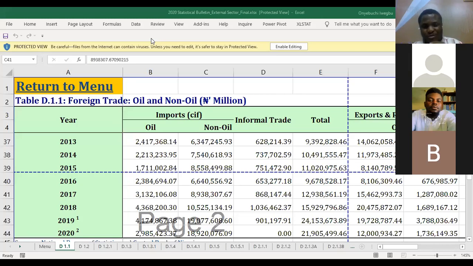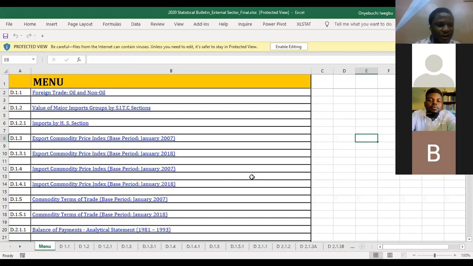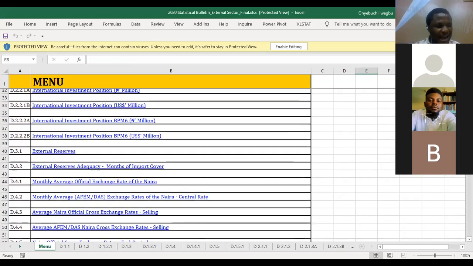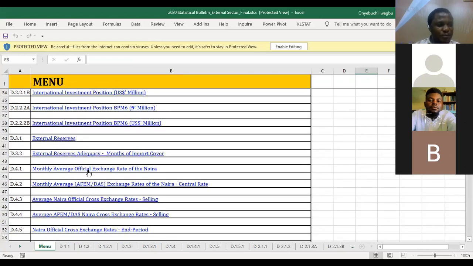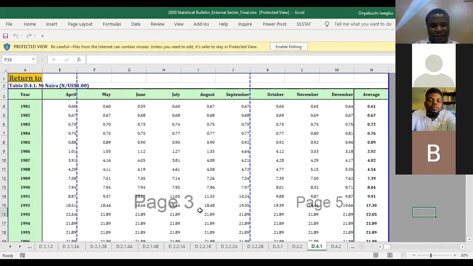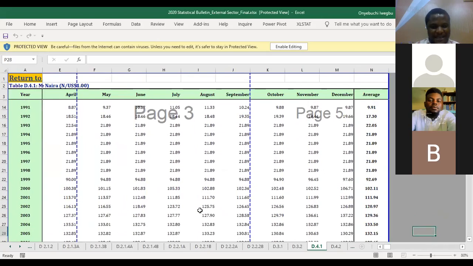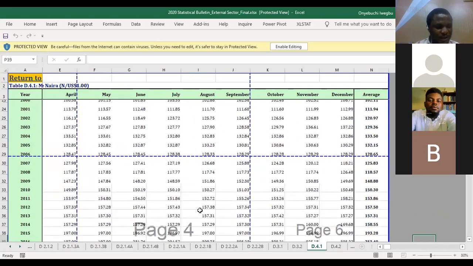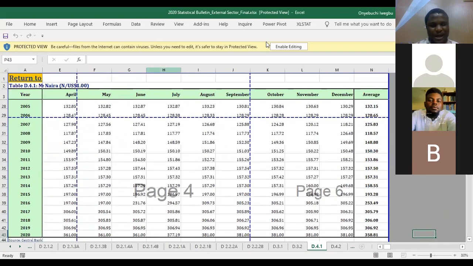That tells you that income cannot increase by that extent. Exchange rate must have been a factor. So let's look at exchange rates within 2019 and 2020, and let's see if that will provide an explanation for it.